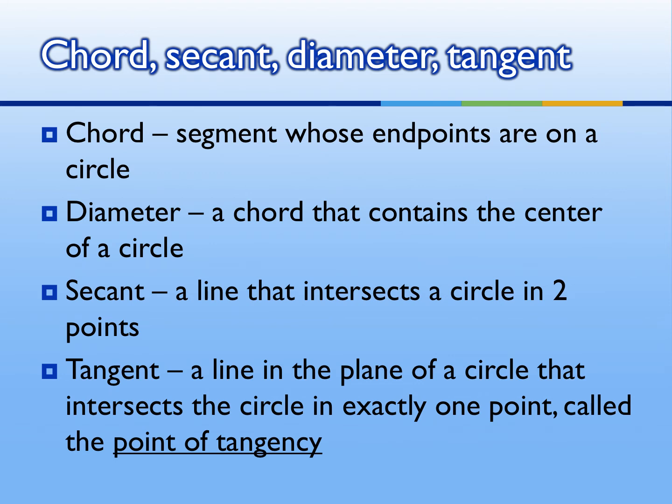The next set of definitions are for a chord, diameter, secant, and tangent. And a chord is the segment whose endpoints are on a circle. A diameter is a chord that contains the center of a circle. So both of these, the first two, are going to go from edge to edge. What's special about the diameter is it's actually going to go through the center. So let me draw a picture of a chord and a diameter for you.